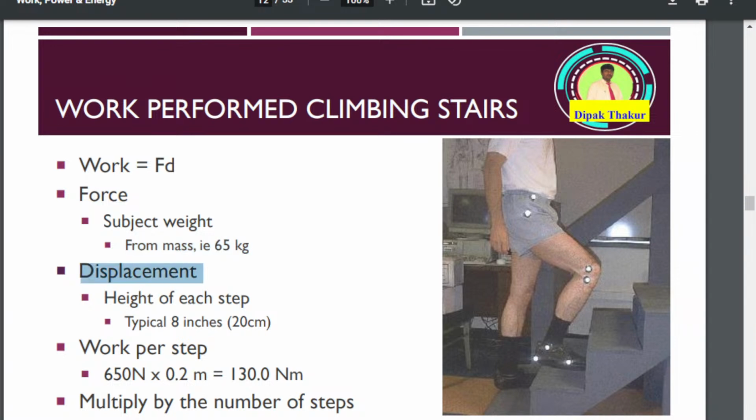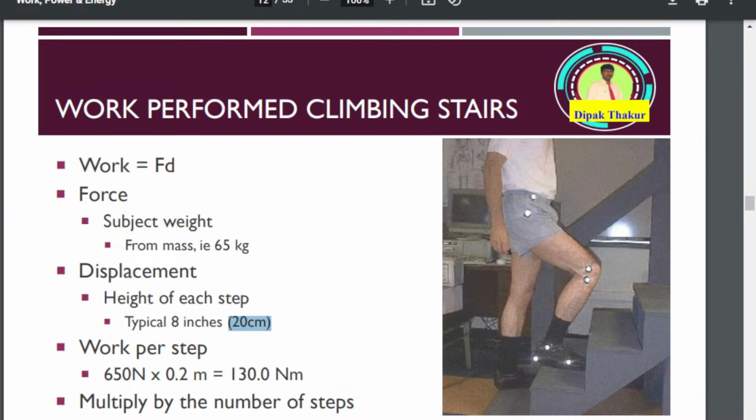Then we have to find the height of each step, how much he rises with each step. Typically it is 8 inch, and we know that 8 inch, multiplied by 2.54, is approximately 20 centimeter.